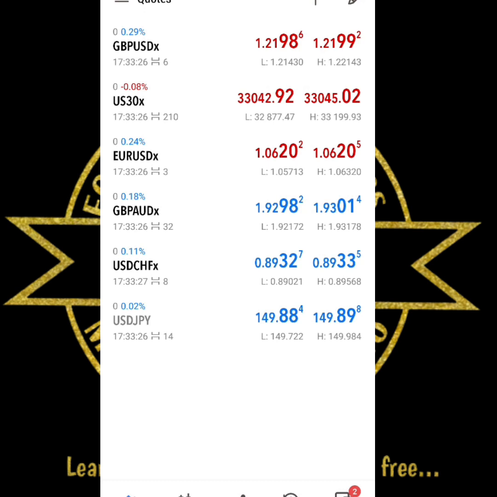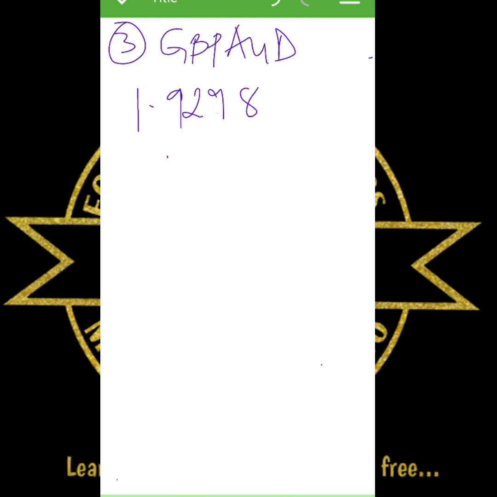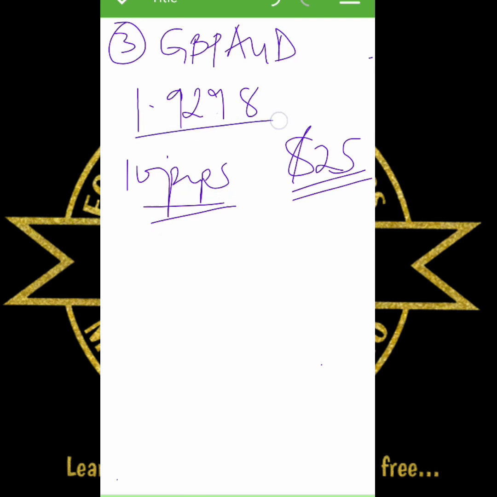Okay, so the price is at 1.9298. And let's say also in this case we are risking 10 pips, and let's also say we are risking $25, risking 10 pips, risking $25, and the current price is at 1.9298. Now, how do we do this?